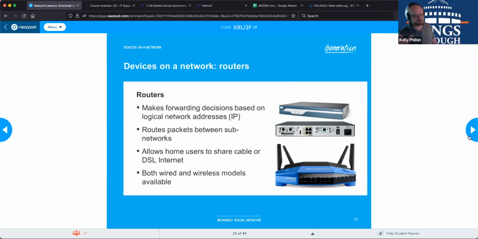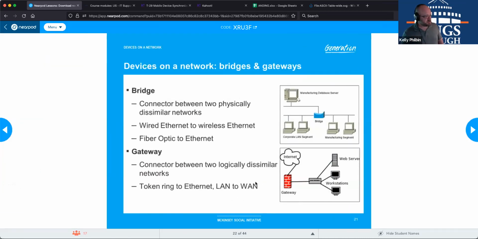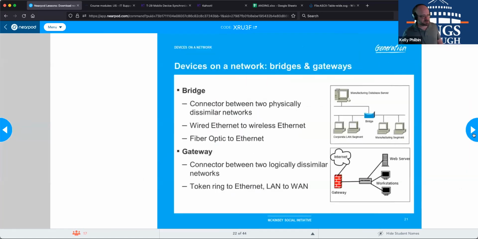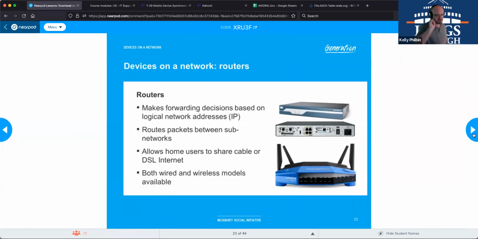Questions? The other pieces prior to this, with the exception of the gateway, because the gateway can connect you to the outside, but your bridge, your hub, and your switch all operate on your intranet. That's your internal network. The routers get you out into the scary world of the World Wide Web.